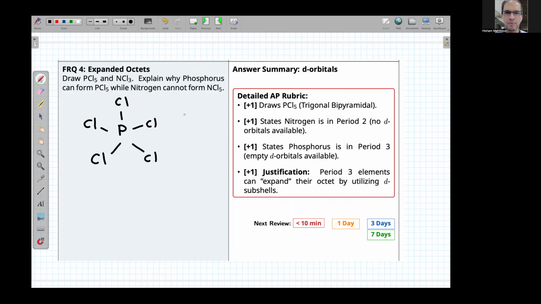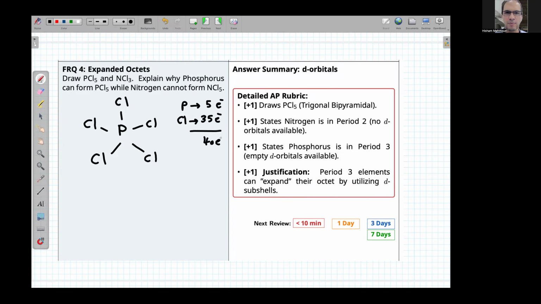If you have one central atom and 5 atoms around it, do you have any lone pair of electrons or not? Let me check. I have one phosphorus which has 5 electrons, and 5 chlorines, every one of them has 7 because group 7, so 35 electrons.